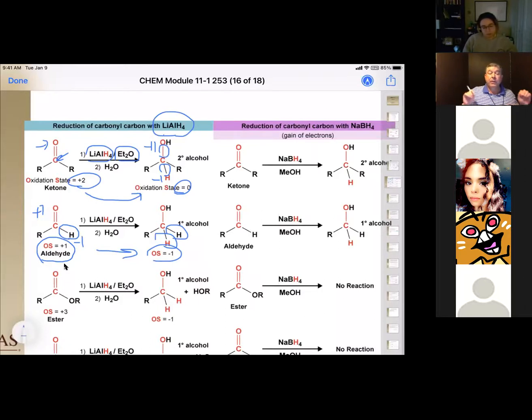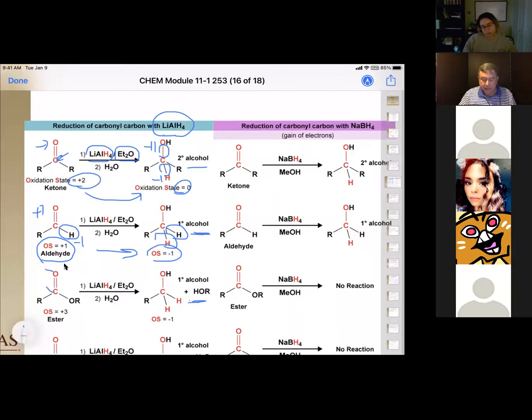Now, when we do it with esters, we're actually going to reduce off the OR group, and we're going to end up with a primary alcohol. Notice we got a secondary alcohol here, I'm sorry, a primary alcohol here and a primary alcohol here. So we're going to add 1 equivalent of the hydride across here first, and then it's going to lose the alkoxide and reform the carbonyl, and then we're going to reduce it down 1 more time.